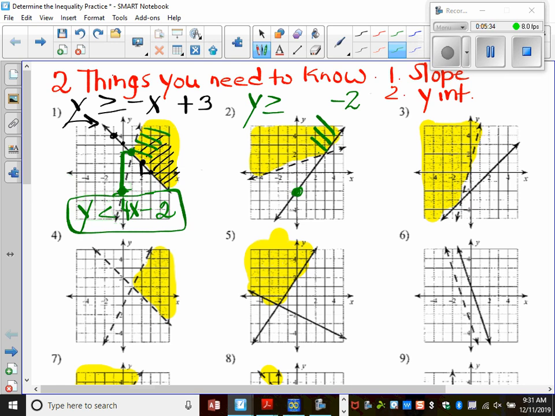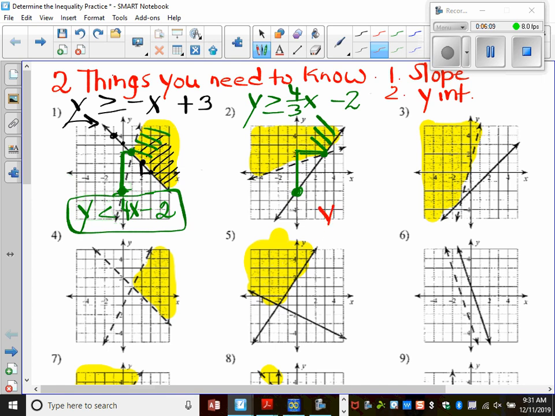The slope. Okay, so let's see if we can pick another point along this line. Okay, looks like there's one right here. Okay, so go ahead and do the rise over run and see what you get. Looks like we're going to go up 4 and over what? 3. Okay, up 4 over 3. And so that's going to be a positive slope. So 4/3 x -2.